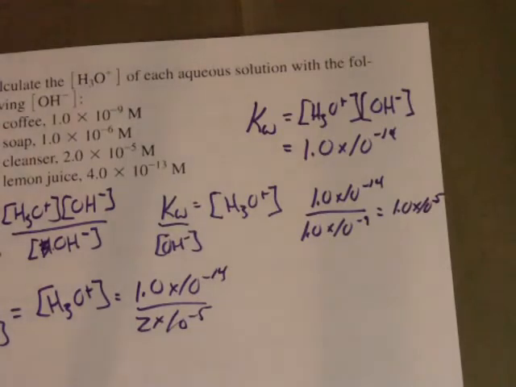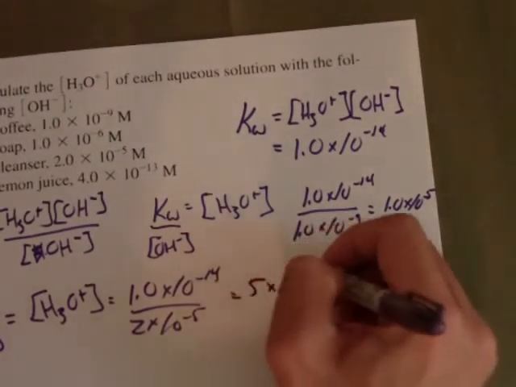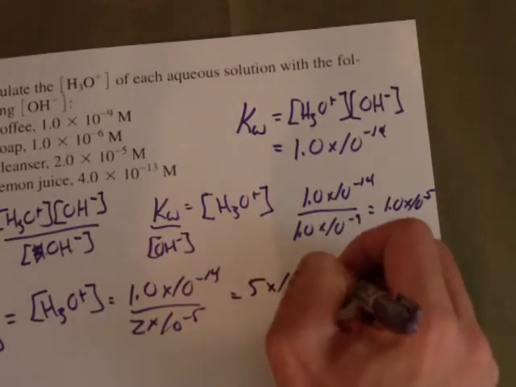And so when we do that, we get 5 times 10 to the minus 10 molar.